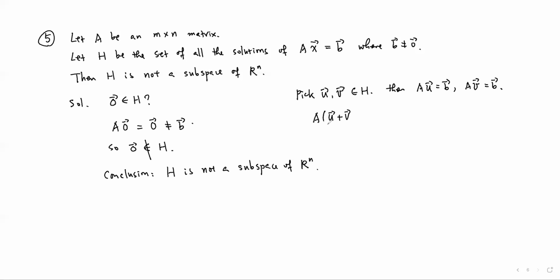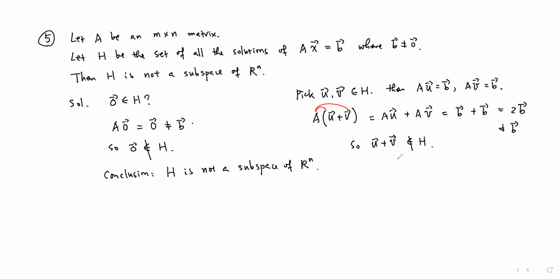Now A times (U plus V), by distribution, I get A times U plus A times V. It is B plus B. But B plus B is 2 times B, not equal to B. So U plus V is not in H. In other words, H is not closed under vector addition.